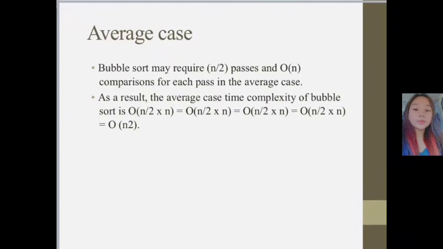Average case. Bubble sort may require n divided by 2 passes and n comparisons for each pass in the average case. As a result, the average case time complexity of bubble sort is O(n/2 times n).